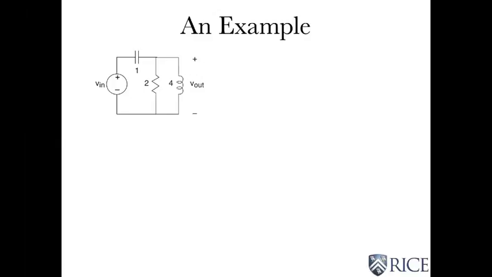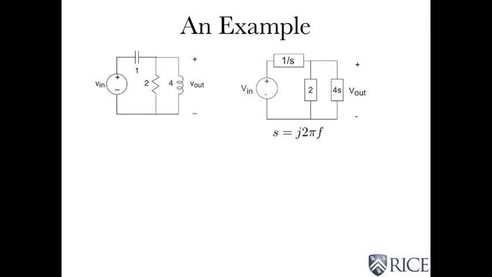So here we go. The first thing we do is take our circuit and replace it by one having impedances, where again these are complex amplitudes. Now, I've done a little notational thing for you here. The impedance of this 1 farad capacitor is 1 over j 2 pi f. To simplify the manipulation of these formulas, which gets pretty complicated as you're going to see in a second, I like to think of j 2 pi f as a single variable s.